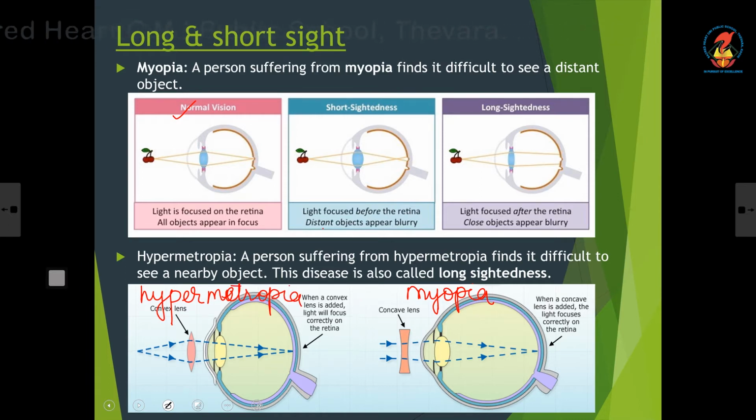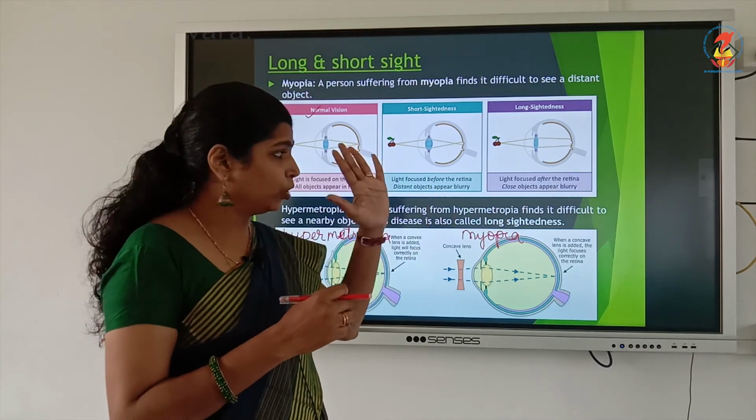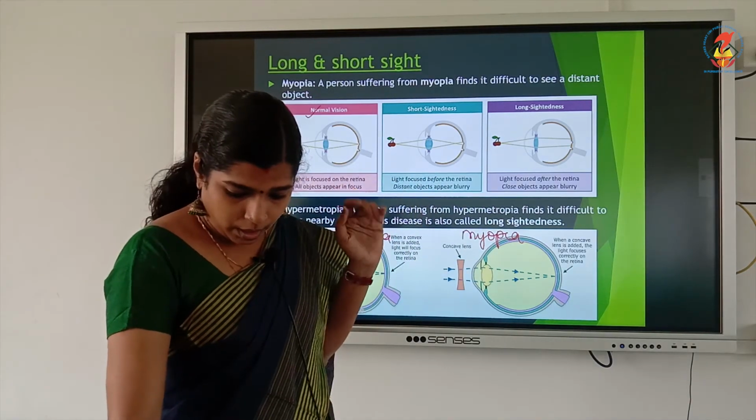These words are not given in your textbook, but I explained what is long sight, short sight, hypermetropia and myopia.